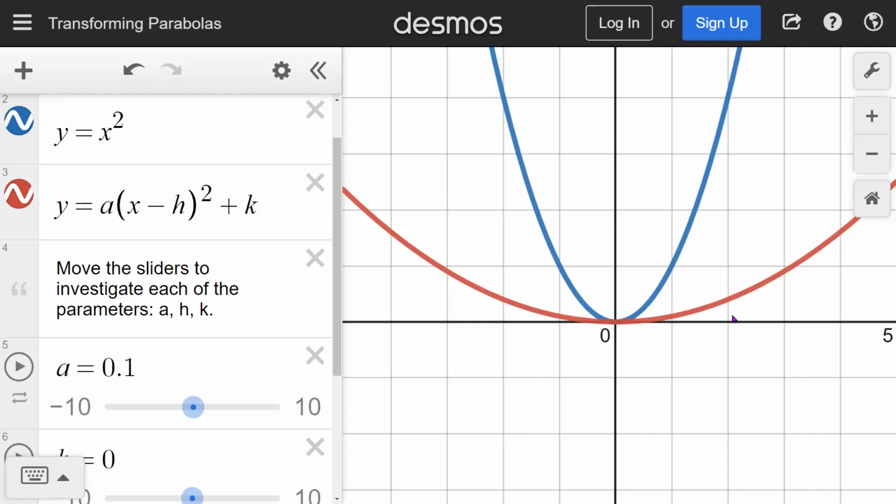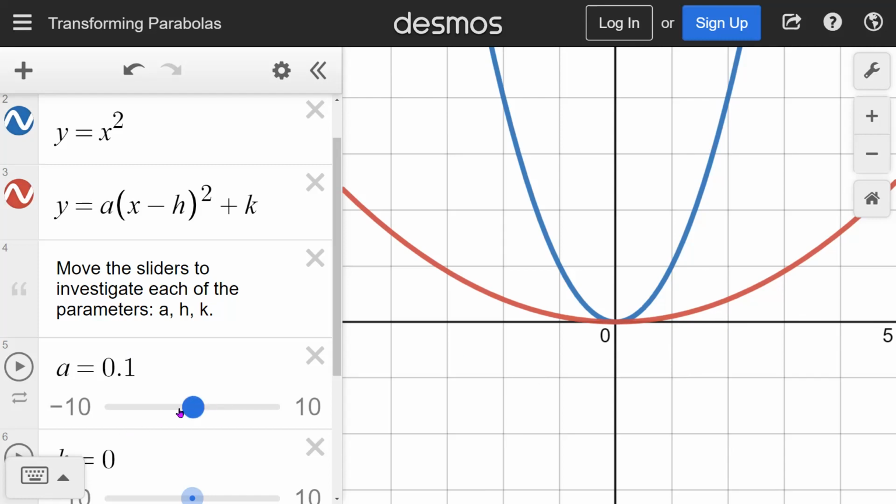If I went out 2, 2 squared is 4. Then I would be timesing it by this 0.1. So I would be at 0.4. Okay, you can see I'm not even at a half yet. That's why it is wider. It's really not getting as high as fast.